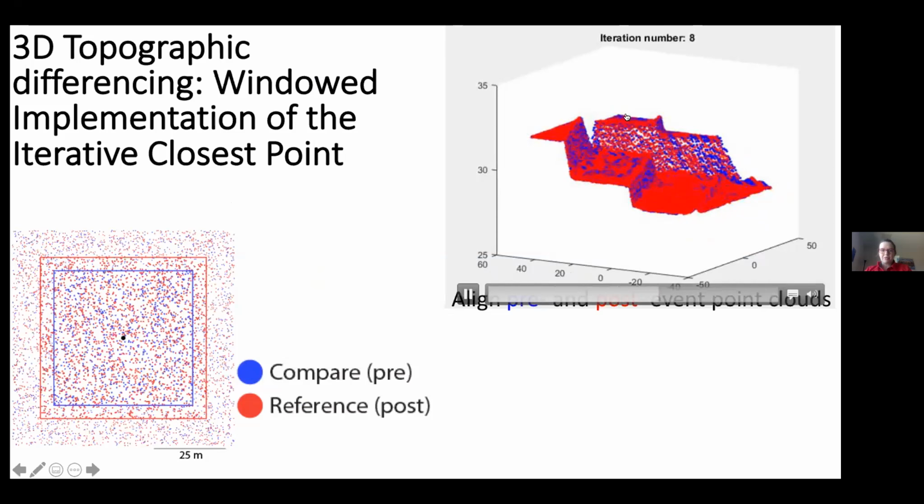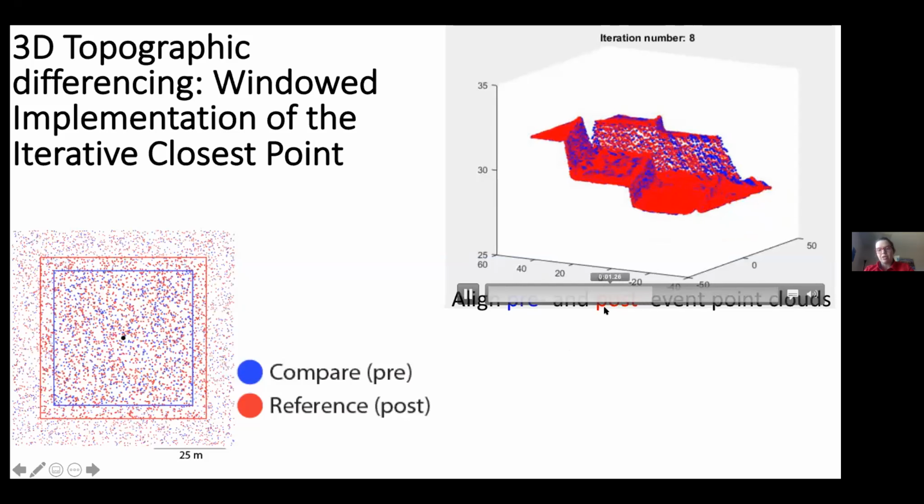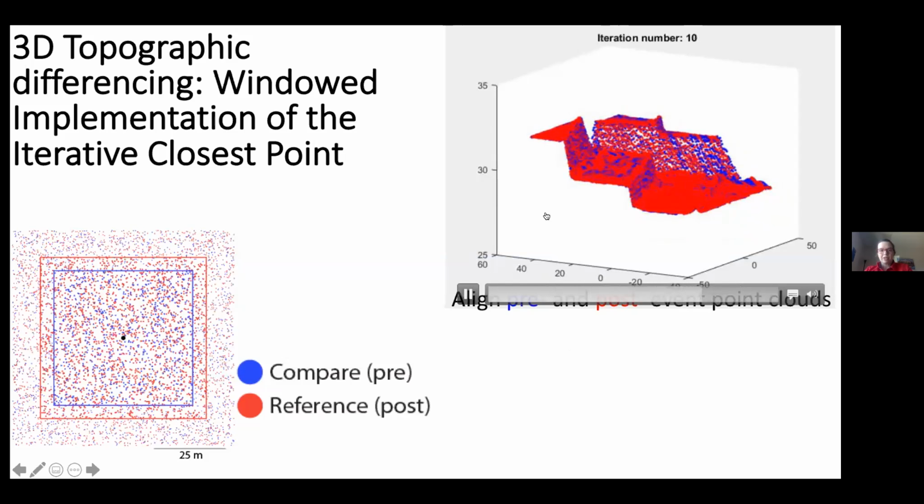And that might make a little bit more sense when you look at this animation, where you can see that the blue or pre-data set is iteratively moving closer and being better aligned with the post data set. And this alignment is done with the iterative closest point algorithm.